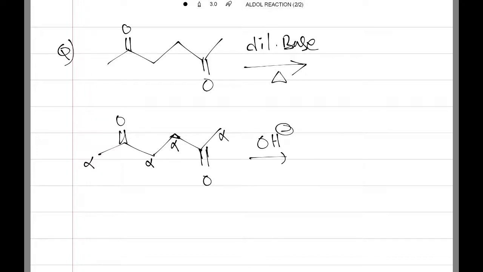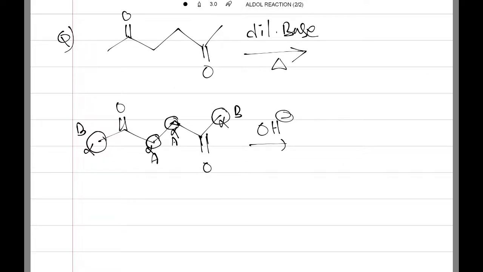We are having two different types of alpha hydrogens here. These two are similar type of hydrogens; assume these are A type of hydrogens. Assume these two are B type of hydrogens. We will check which is the more preferable product here.